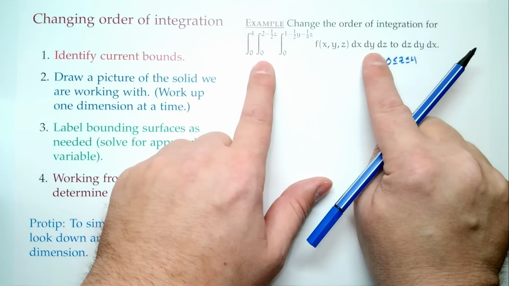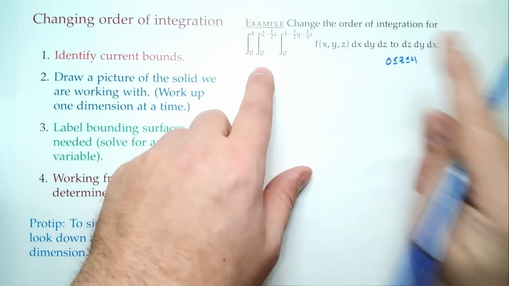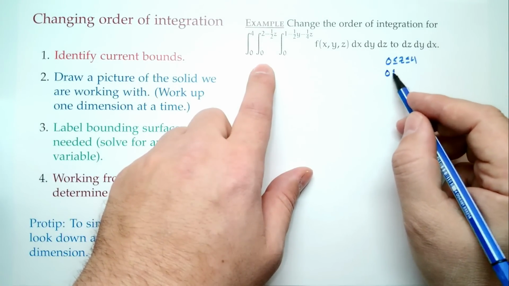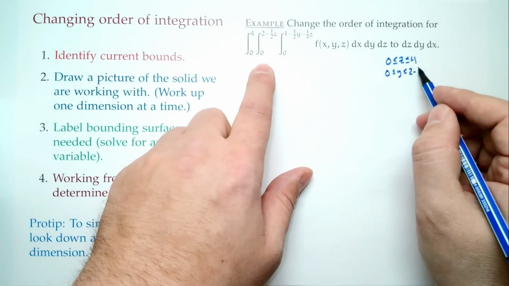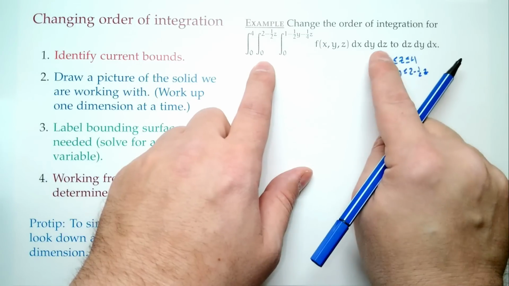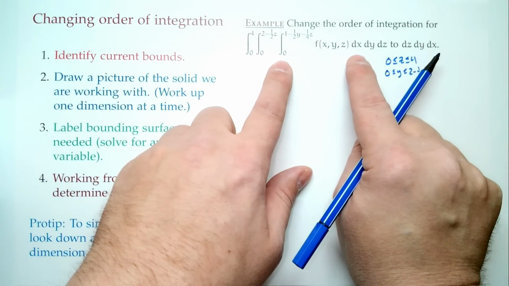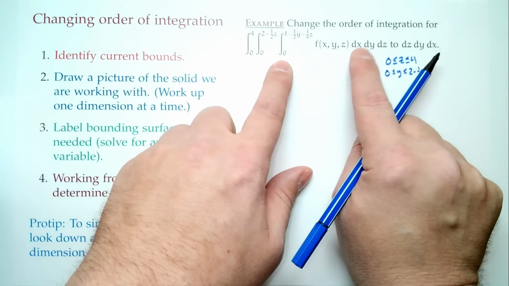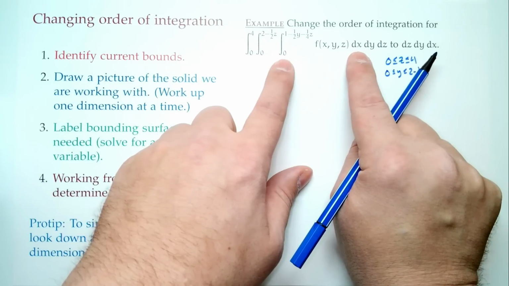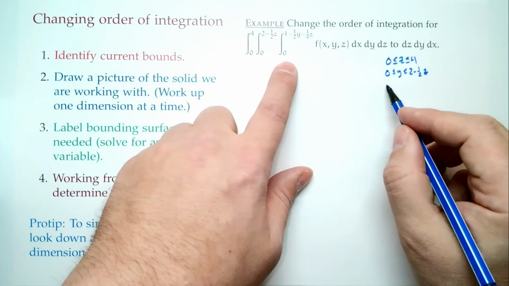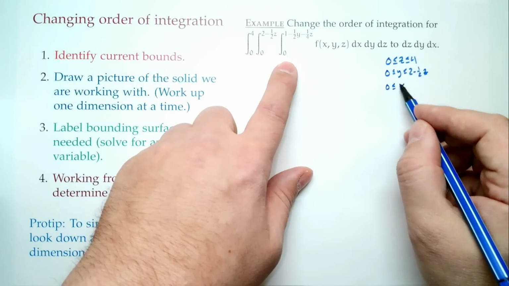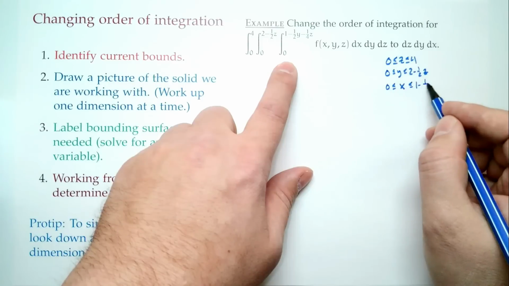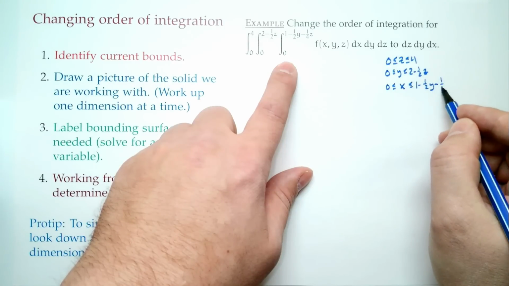So it's about y, and 0, 2. So 0 less than or equal to y, less than or equal to 2 minus a half z. What does the inner integral tell us? It's an x integral. It goes from 0 to that other surface. 0 less than or equal to x, less than or equal to 1 minus a half y minus a fourth z.